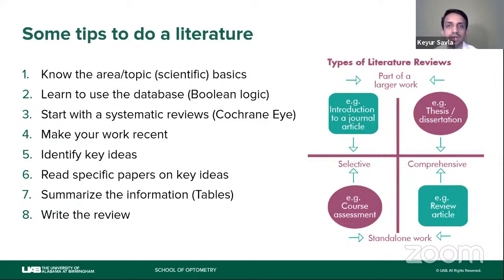For example, I am studying toric contact lenses in myopia control. If I write myopia control AND toric lenses, all the searches that PubMed or Google Scholar will do will have both those words or key phrases in the answer. So they will have this and this.